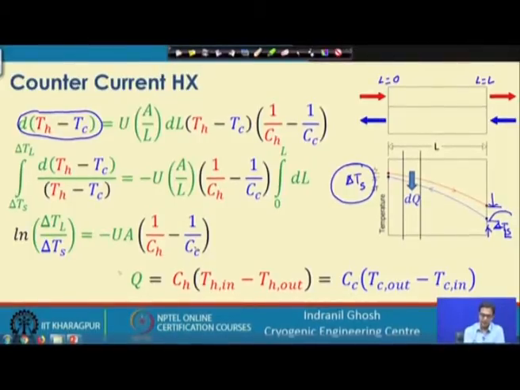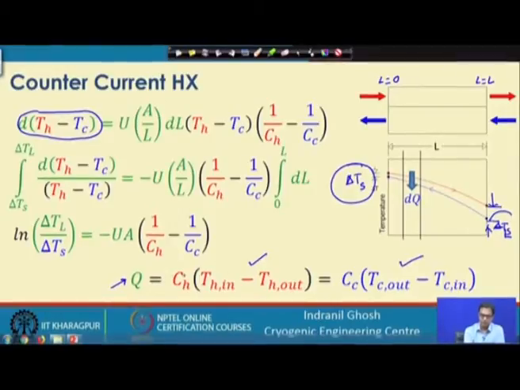Now, we still have this equation remaining with us: Q equals CH into Th in minus Th out, which is the energy balance of the hot fluid, and Q equals CC into Tc out minus Tc in, for the cold fluid. This is known.